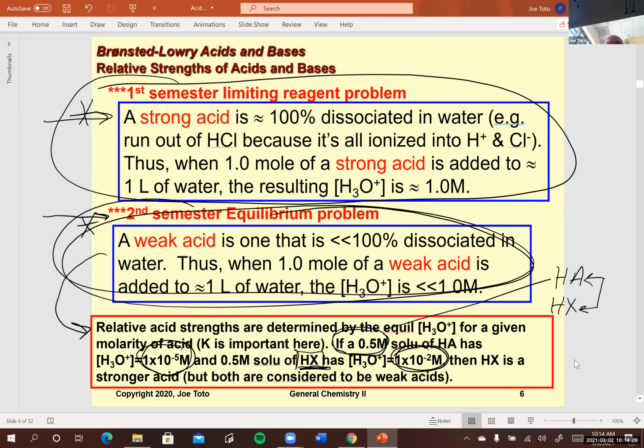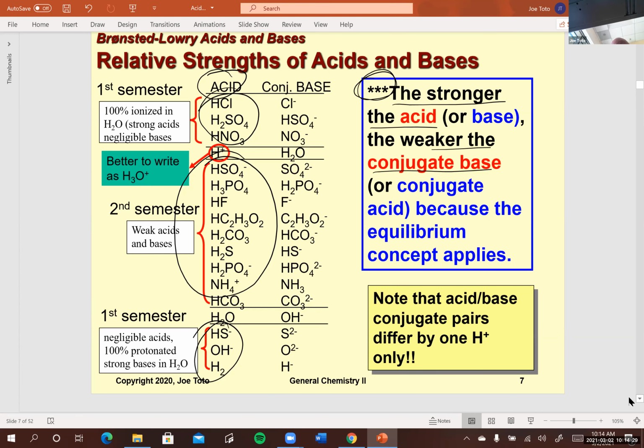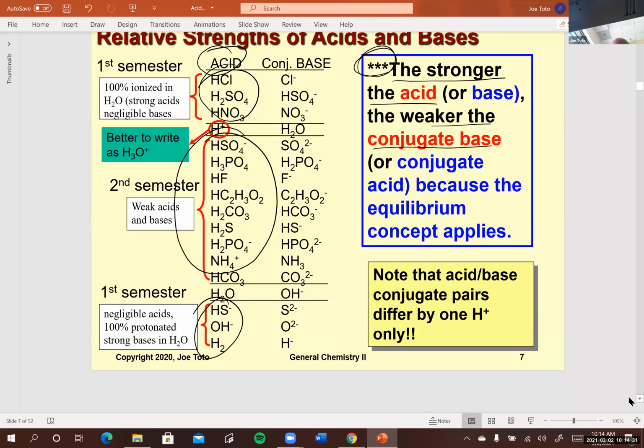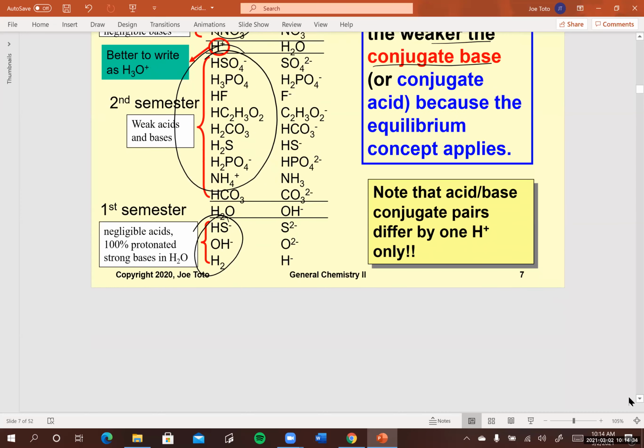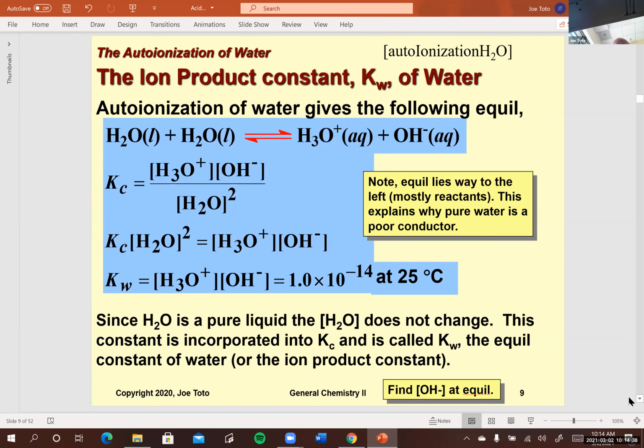You are going to just use limiting reagent techniques. Also, this slide says that there's a relationship between the strengths of conjugates, and they're inversely proportional. In fact, for the strong cases, their conjugates are so weak, they're spectators. All right. So if there's any questions, just let me know.